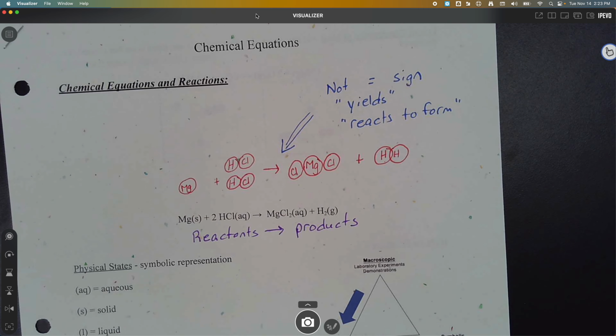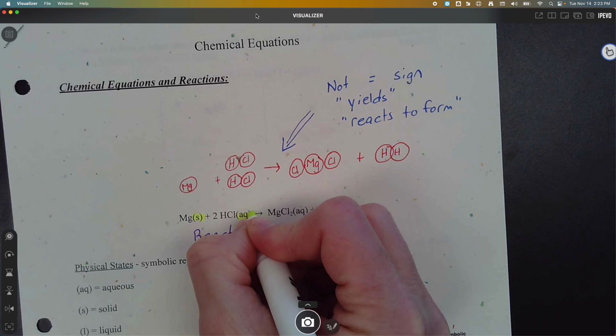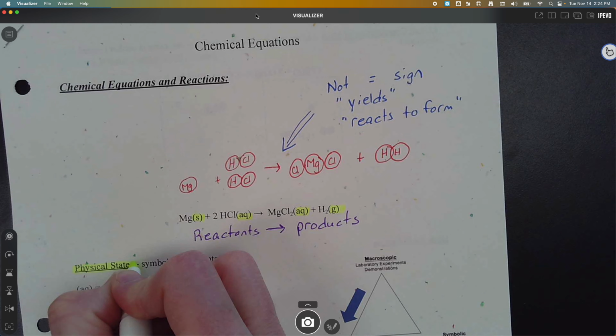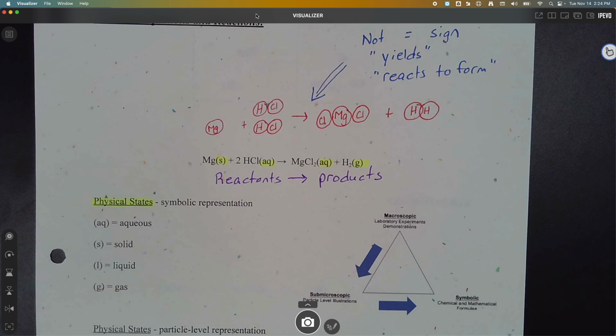And then within these chemical reactions, you're going to see some little things in parentheses here. And those represent the physical states. It's telling you something about what it looked like so that when you need to represent this with a picture, you know what it is that you need to draw. Most of these are fairly obvious. S is solid, L is liquid, G is gas.